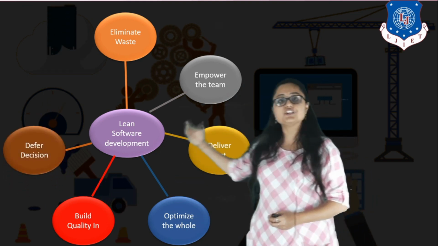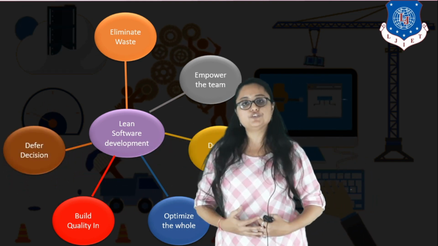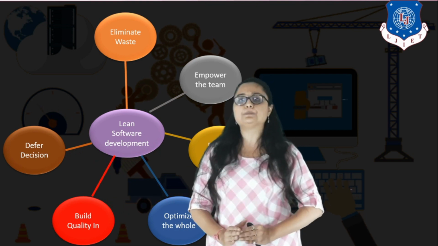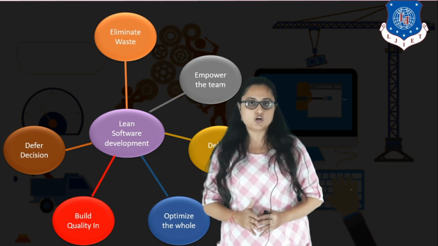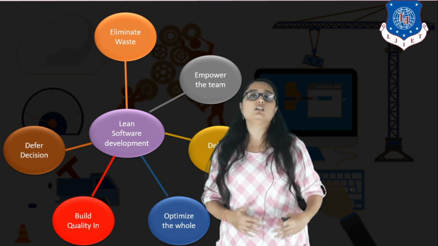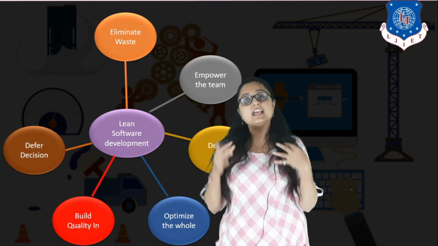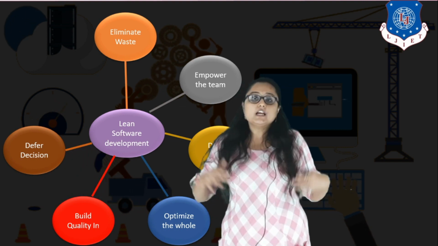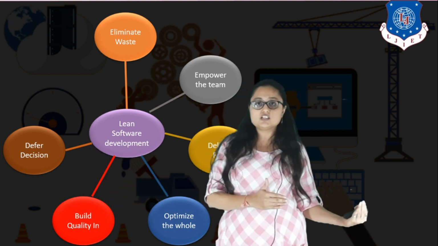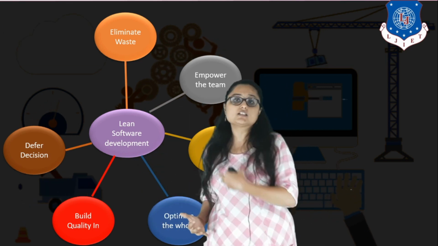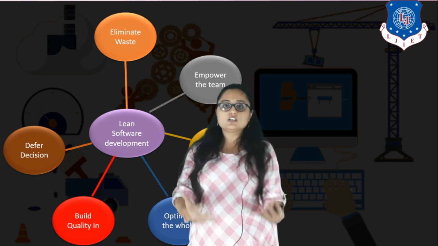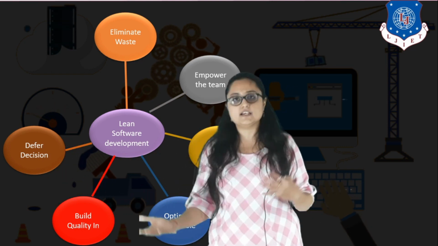The next is defer the decision. What do you mean by defer the decision? Do not be stubborn about your previous decisions. If you are following the lean software development process model, you have to incorporate changes in the decisions that you have made. It is a possibility that the customer told you previously to deliver the functionality in 4 days, right?